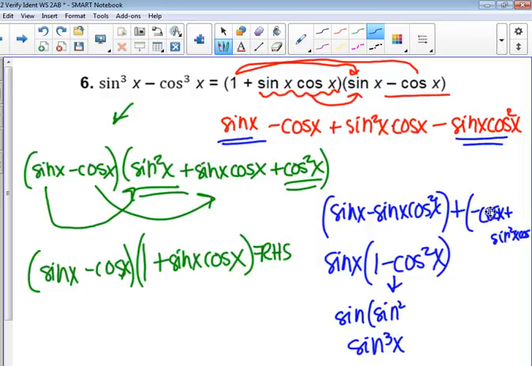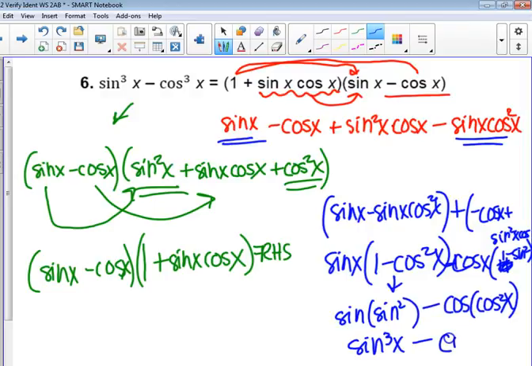Okay. These two, if I take out a negative cosine, I'll have 1 minus, yep, 1 minus sine squared. 1 minus sine squared is cosine squared, and you get cosine cubed.